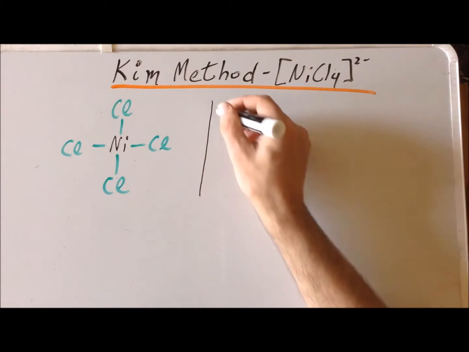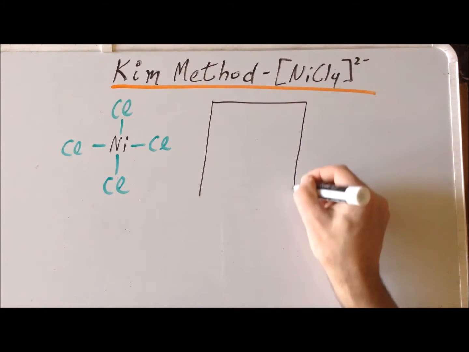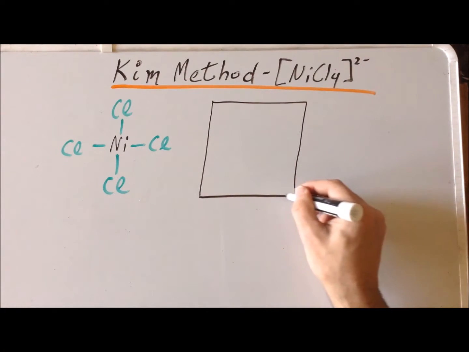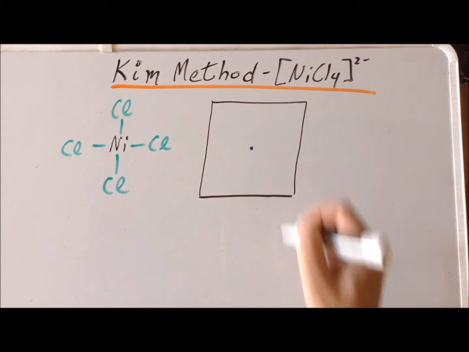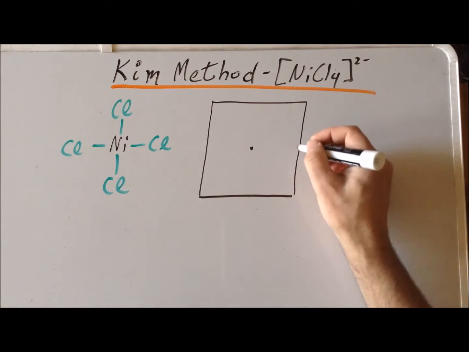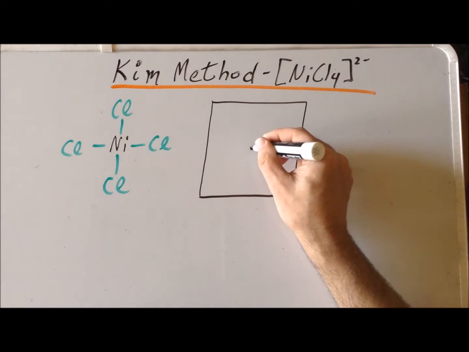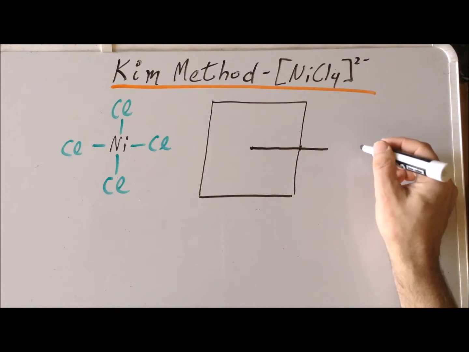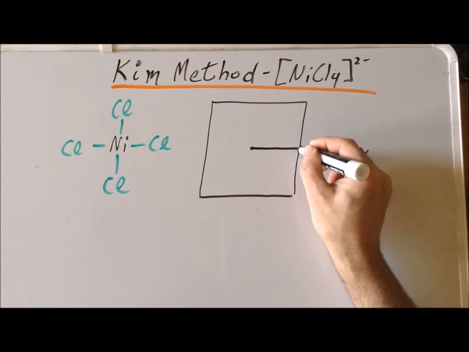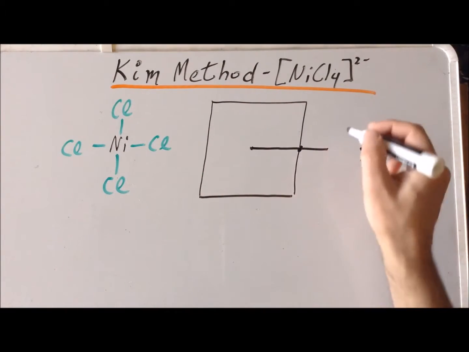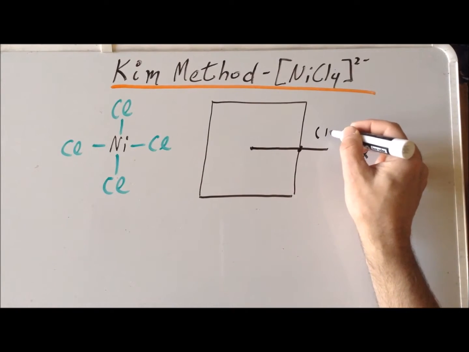And we construct coordinates using something like a unit square, starting at the origin, and using this direction as the x-axis. The coordinate for the first chlorine atom is going to be 1, 0.